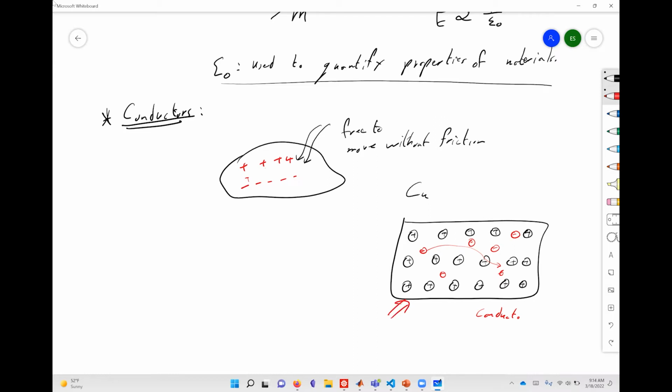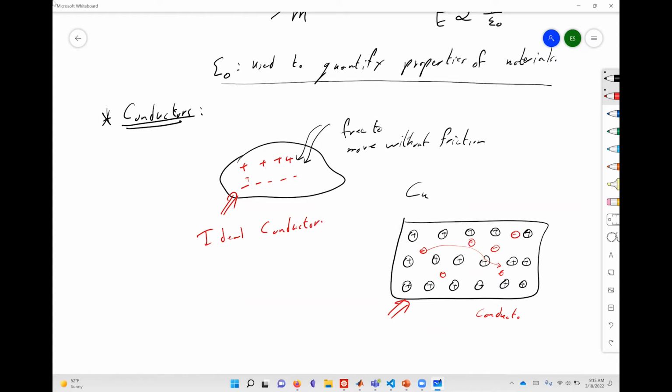Whatever happens, the total charge inside the material remains constant. Of course, regular materials have fixed charge distributions, and what we've dealt with so far is fixed charge distributions. Okay, so this kind of conductor, where I have a sea of positive and negative charges that are completely free to move, is called an ideal conductor.